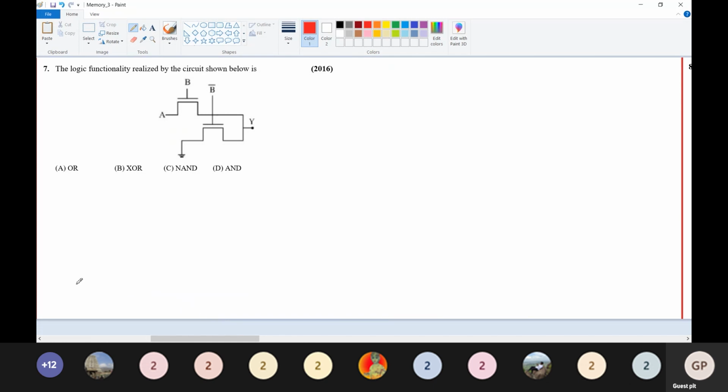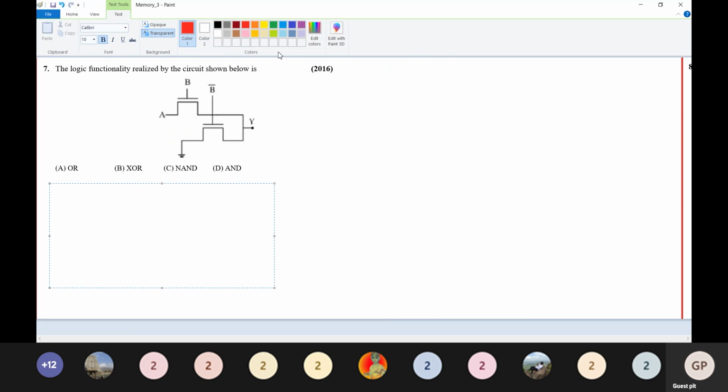We have to find what logic function this circuit is going to implement. Here all the transistors are NMOS.